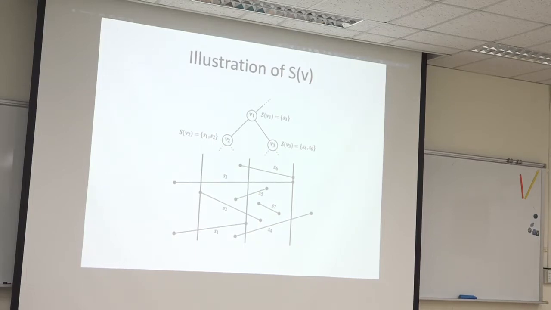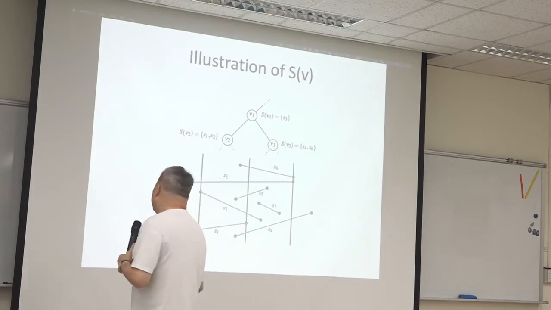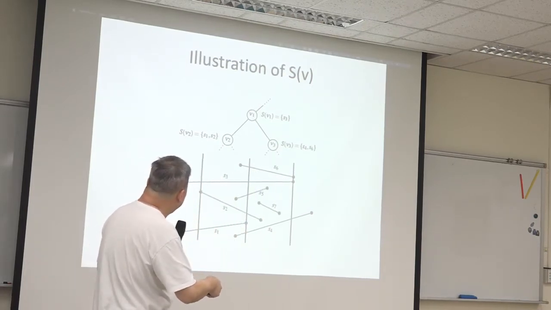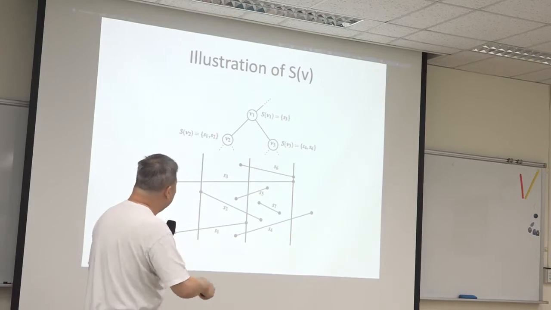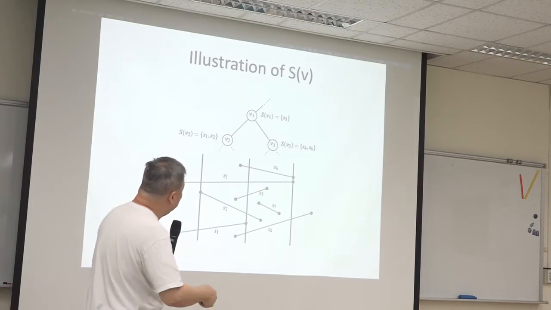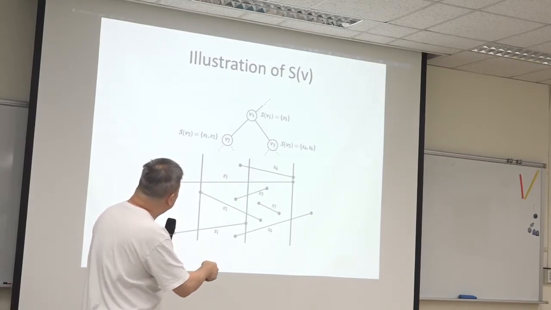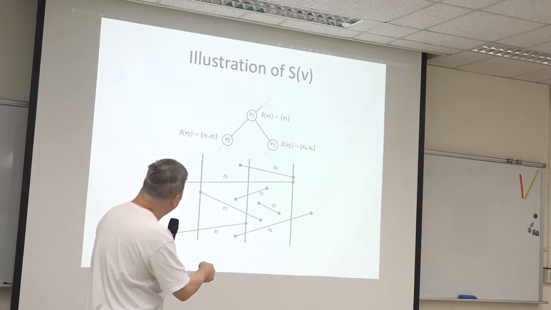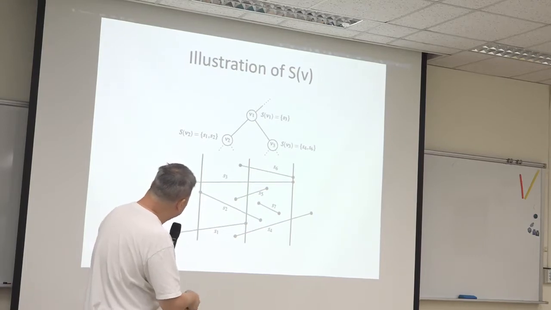So the concept is breaking the whole two-dimensional space into a number of slabs. At this node, for example, V2 stores S1, S2, and you can see both S1 and S2 go across this slab.